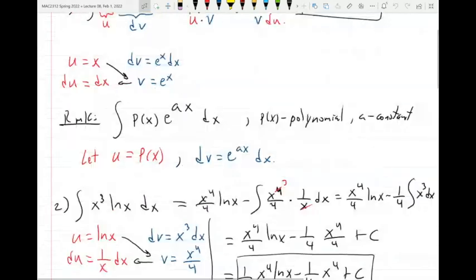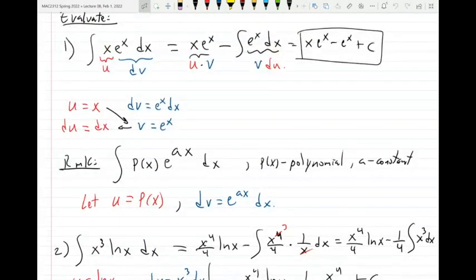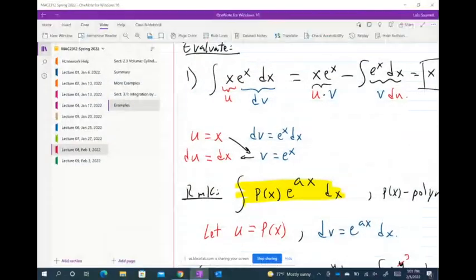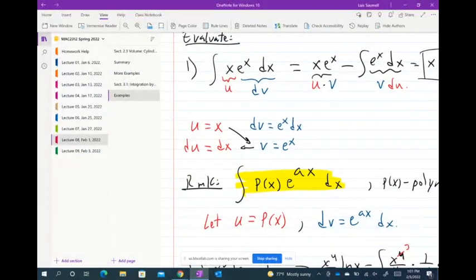For example, we did this example of a polynomial times an exponential, and then I told you every time that you have an integral like this, you always want to let your polynomial be your u and the exponential be your dv. The reason for this is that when you use integration by parts, you want to make your integral simpler, okay? So this same thing that happened to the exponential, you do it for sine and cosine.